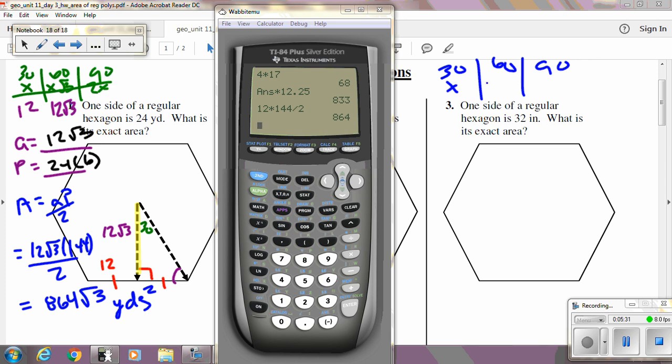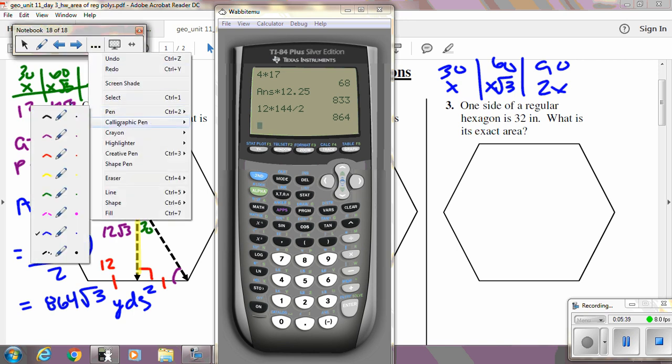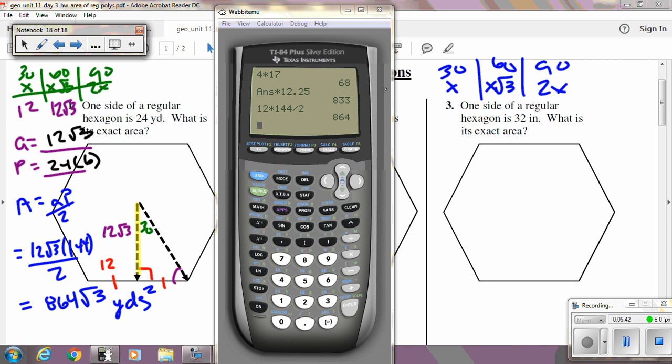I need to find my apothem, and it's a regular hexagon. So in this situation, the one side is 32. So that means half of that is going to be across from 30. So 16. And then 16 root 3 is going to be across from 60. So there's my apothem.